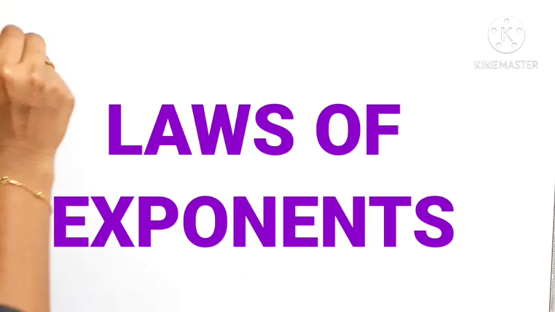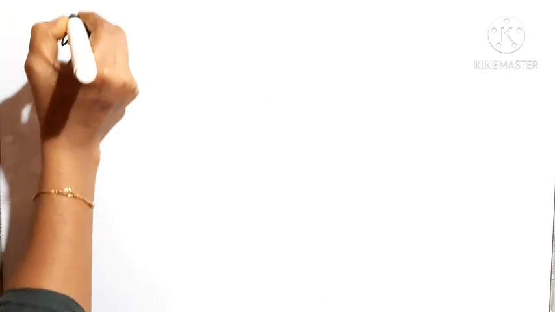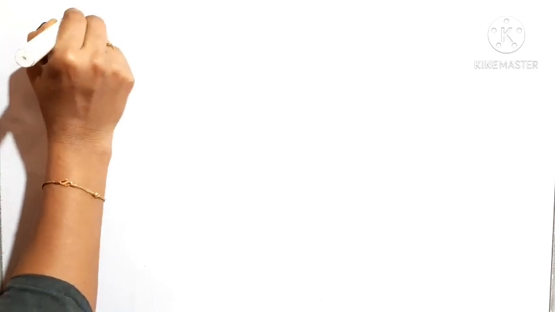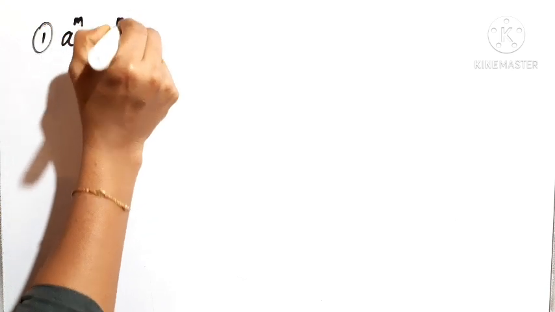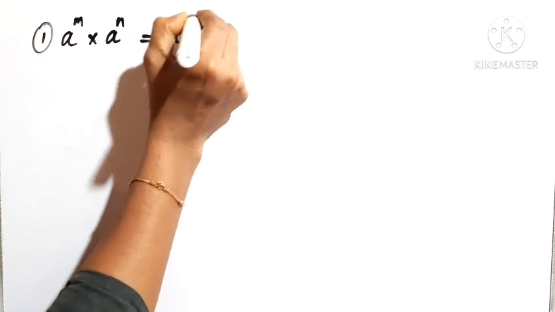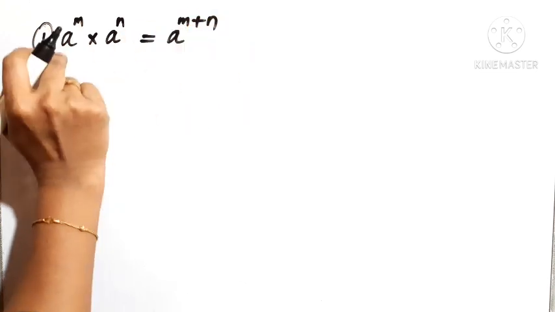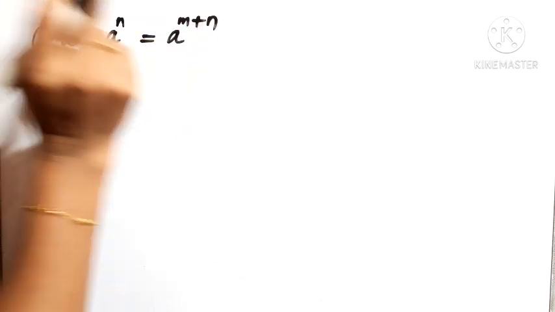See children, first one, a raised to m into a raised to n equals a raised to m plus n. A raised to m into a raised to n equals a raised to m plus n.